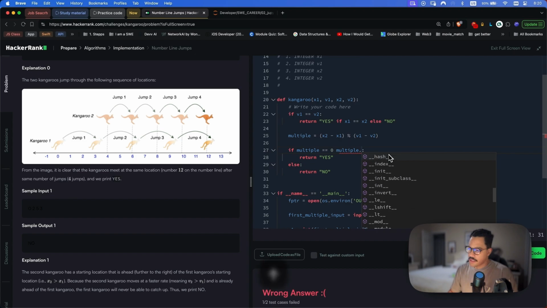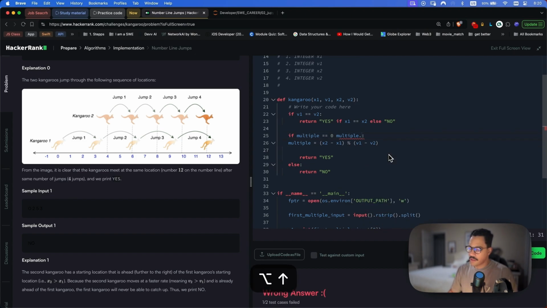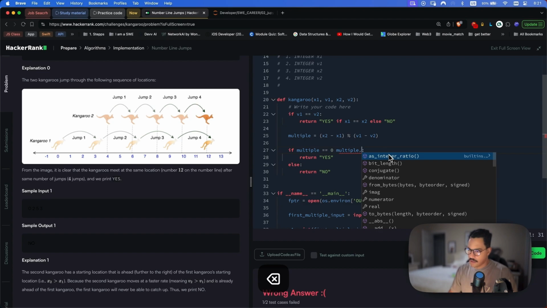I'm trying to find if, oh, not what I was looking for. I thought it was a function when you check if it's an integer. It says integer rate, integer.